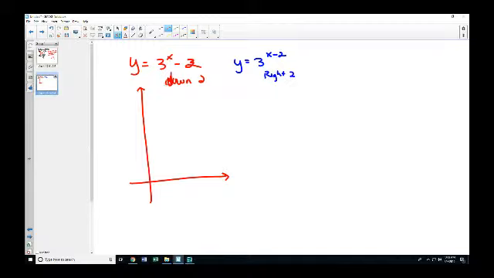Okay, so parent functions still come into play here, where if it's connected to the x, you have an x movement, and if it's not in the x, this is a y movement. So if I graph 3 to the x, generally the parent function would look like this, right? But I'm going to move it down 2 units, and now there's my new graph.